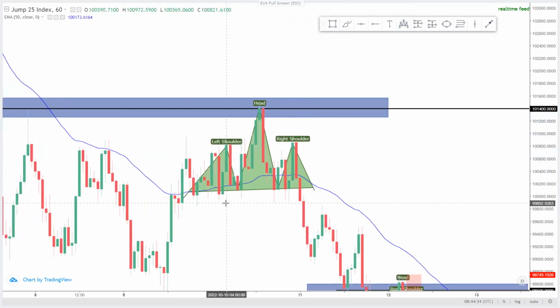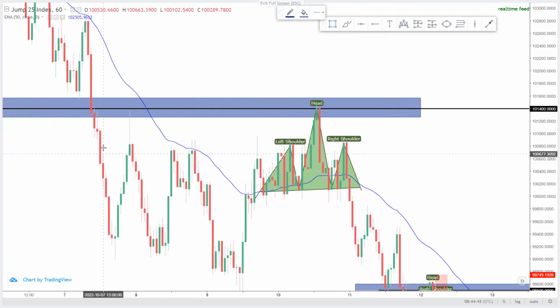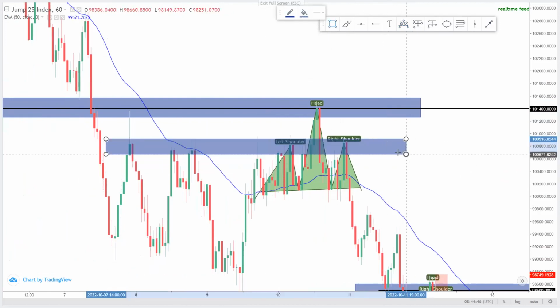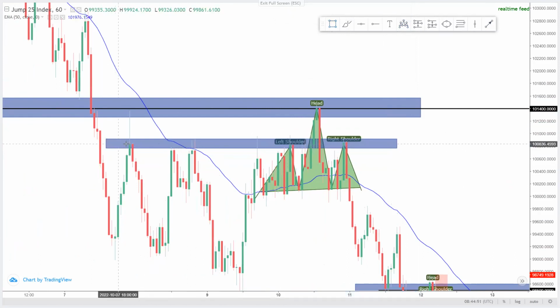Not just because we are clearly seeing the left shoulder and the right shoulder are equal, but also because both the left and the right shoulder are formed and rejecting this very strong level. You can see how the level acted as a resistance, and the left shoulder found that resistance right at that level.